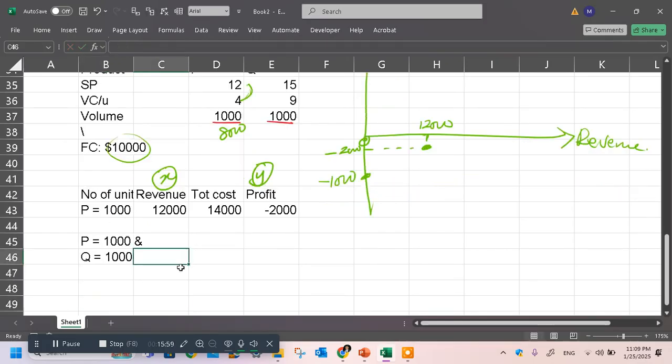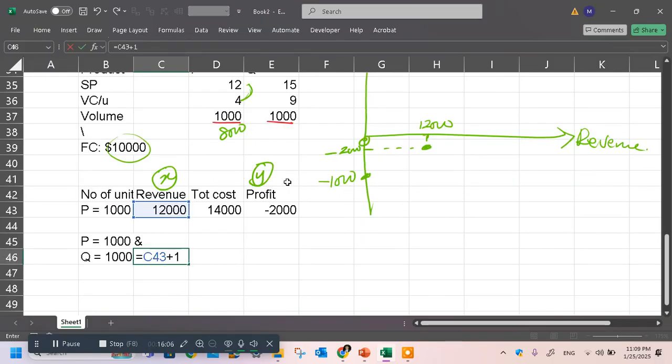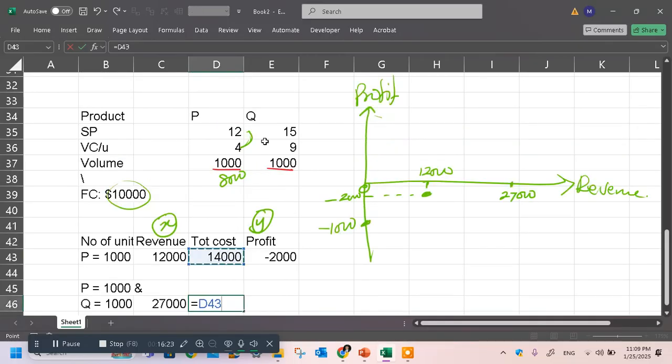So on top of P, you are going to sell Q also. So your revenue is going to be, P's revenue is already there. You have to add Q's revenue. Q's revenue how much? 1000 into 15. Okay, so next point you are going to draw here, 27,000. Right. Let's see what would be the y-axis value. For that I need the total cost. With this cost you need to add Q's variable cost. How much is Q's variable cost? 1000 units into $9. Check this carefully.